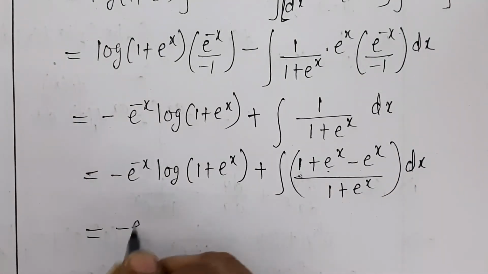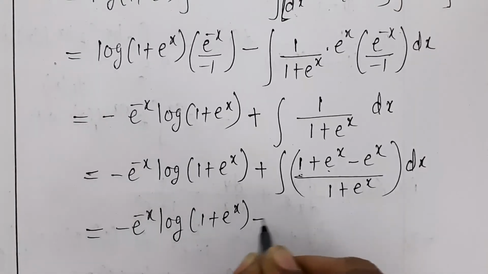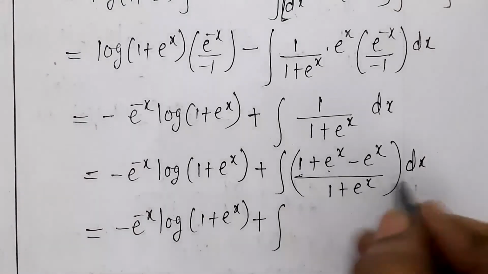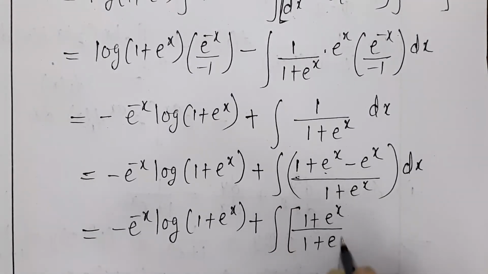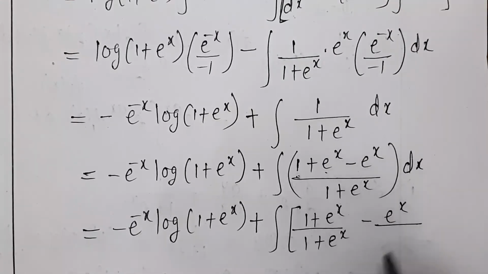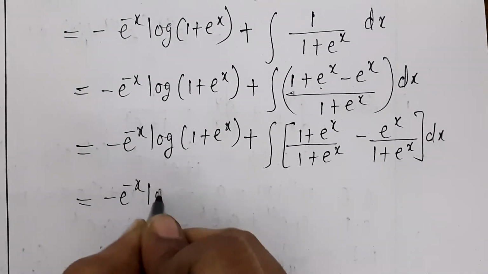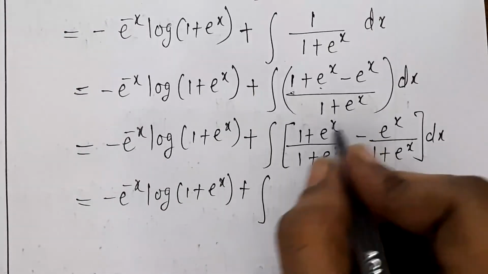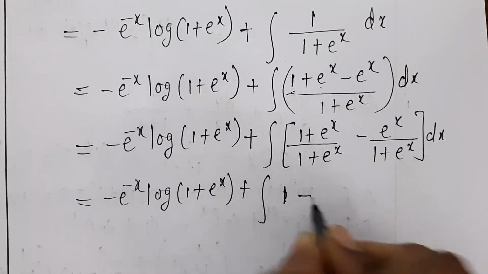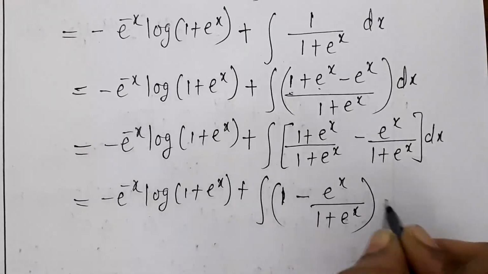It is equal to minus e to the power minus x log of 1 plus e to the power x plus integration of, now separate it, 1 plus e to the power x divided by 1 plus e to the power x minus e to the power x divided by 1 plus e to the power x into dx. So this is equal to minus e to the power minus x log of 1 plus e to the power x plus integration of 1 minus e to the power x divided by 1 plus e to the power x into dx.